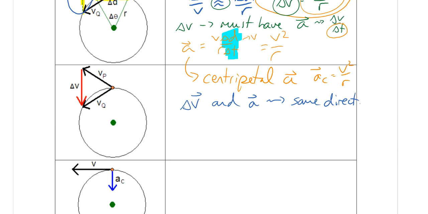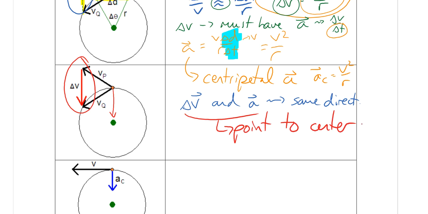If I take this vector and move it to where the actual object is, it would be over there. So the actual acceleration vector points in the same direction as the change in v vector. The change in v vector is actually pointing to the center of the circle, which seems kind of weird, but it's actually pointing to the middle. So both of these point to the center of the circle.